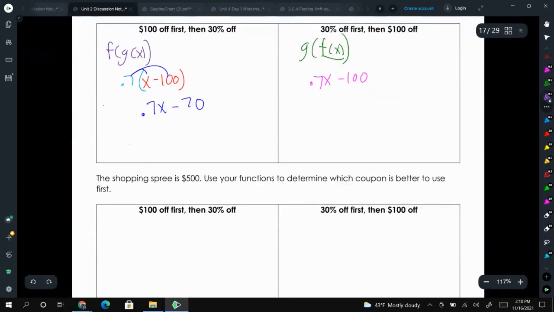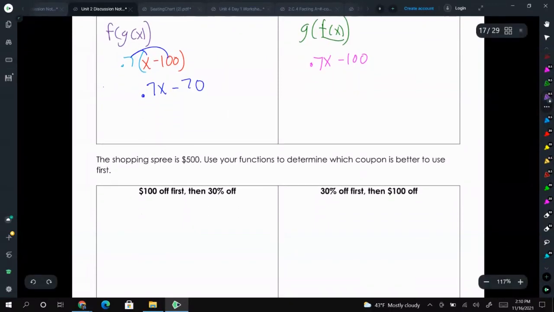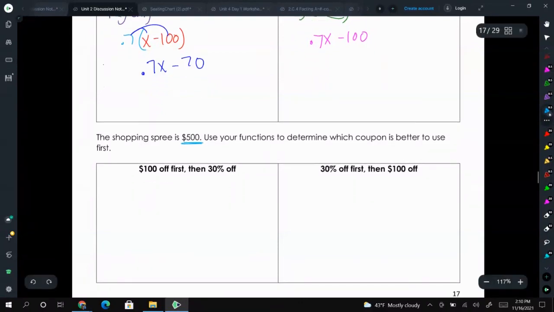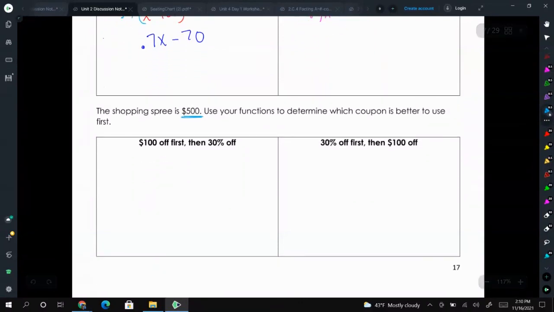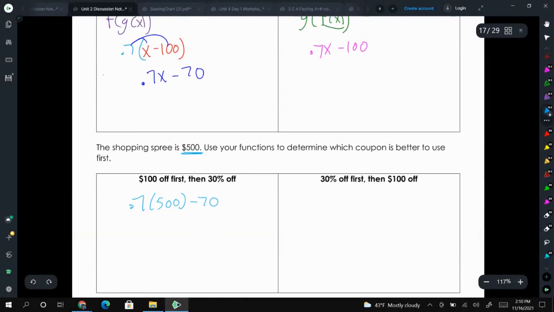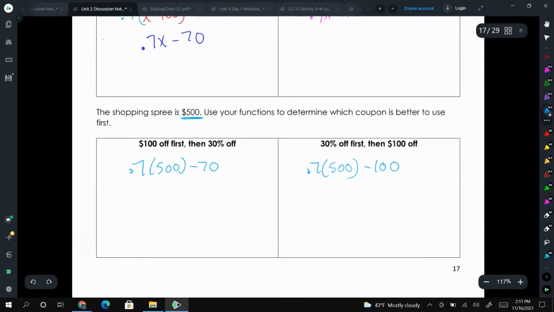What I want you to do down here is plug in $500 for x in our equations up here. So 0.7 times 500 minus 70, and then 0.7 times 500 minus 100. And we can type those into our calculator.